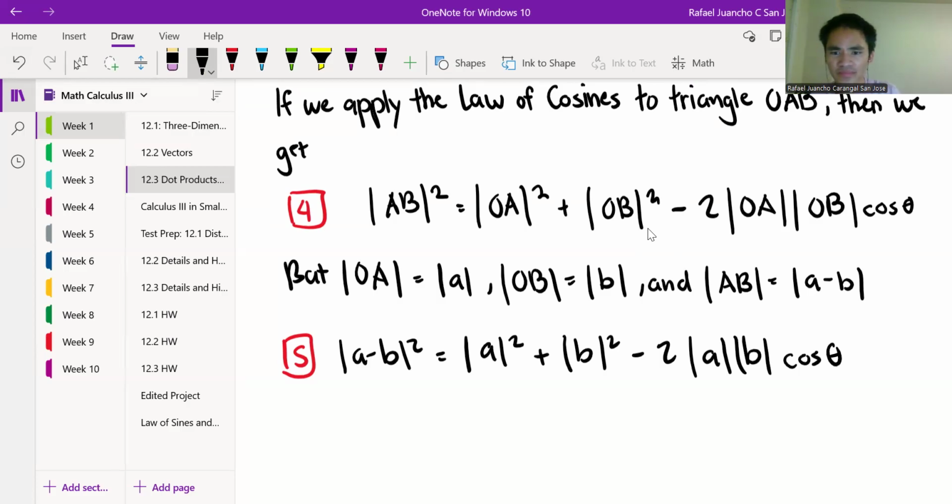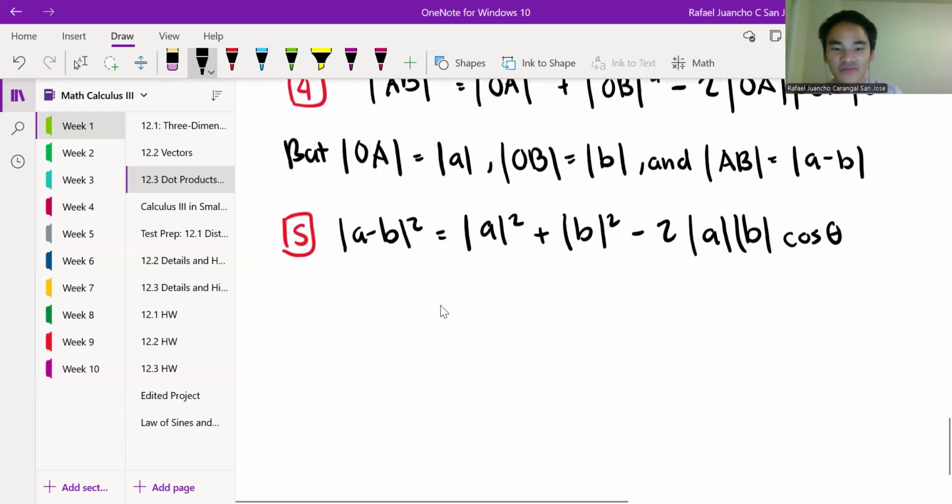right? Which is very, very similar to our law of cosines. And using these, we can actually use some properties of the dot product and rewrite the left side, right?